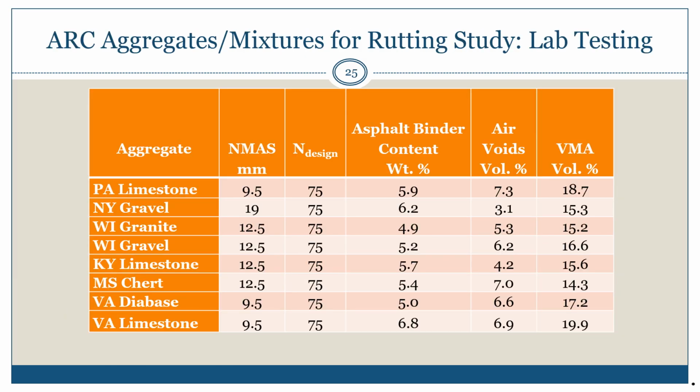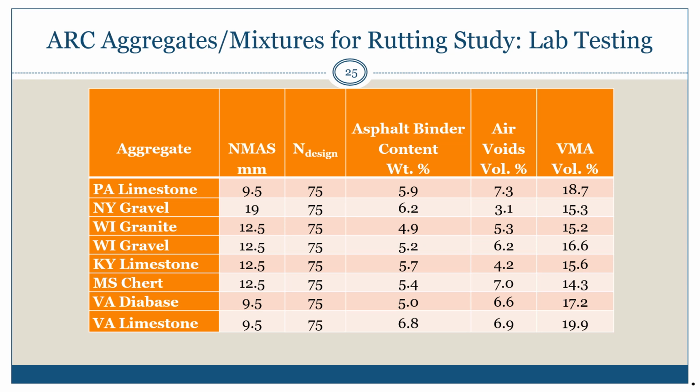These were the aggregates and mix designs used in refining the resistivity rutting model. There was a wide range of aggregates used here: limestone, gravel, granite, chert, and diabase from a variety of different states throughout the country. Nominal maximum aggregate size was mostly 9.5 and 12.5 millimeters with one 19 millimeter mix thrown in, and Ndesign was 75 in all cases.